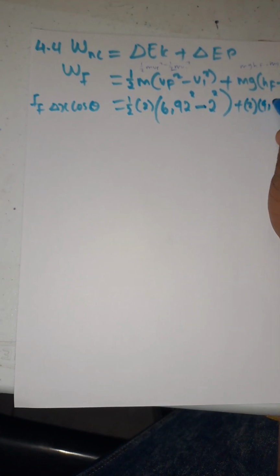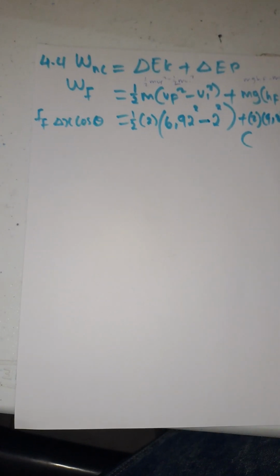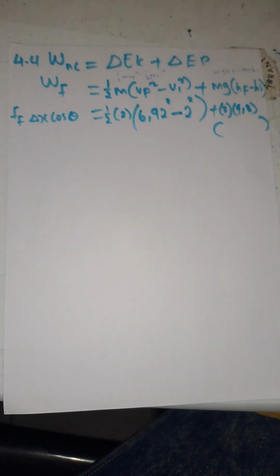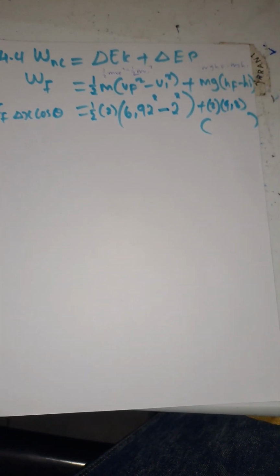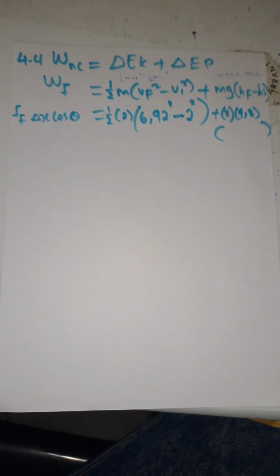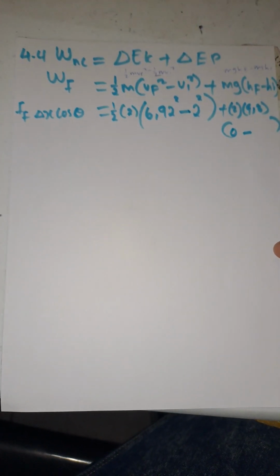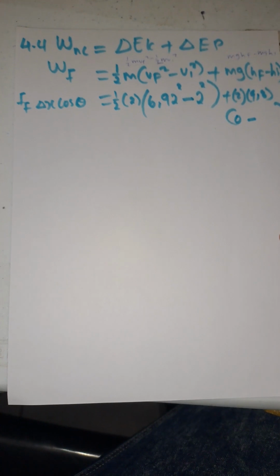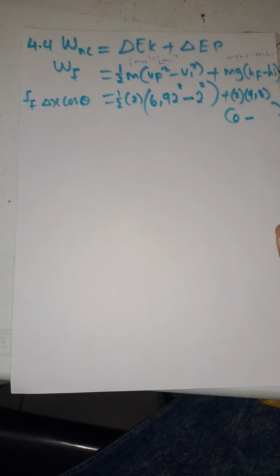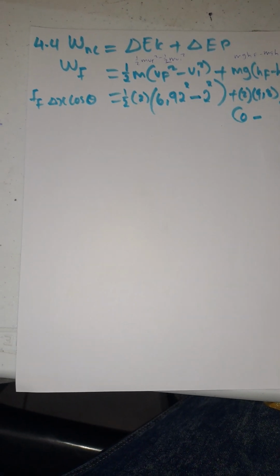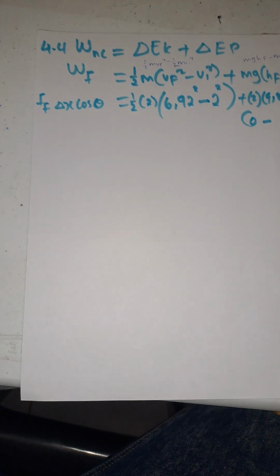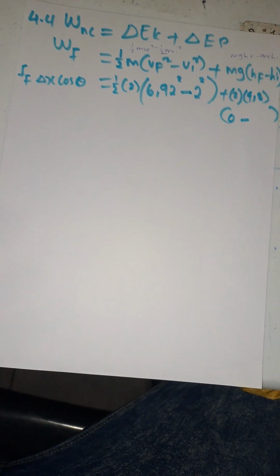Gravity is 9.8. Then what is my final height? When it is reaching B, it is 0, minus. Do I have the initial height? No, I don't have it. But I can calculate it. Do you understand me? Let me check my diagram.